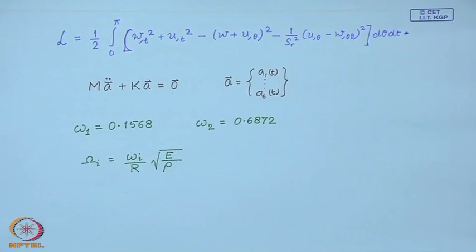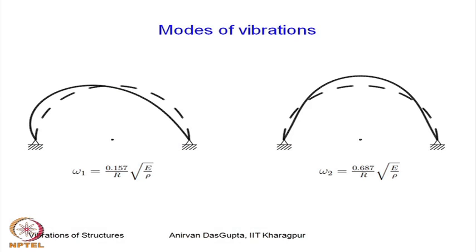Now, this figure shows the first two modes of vibration of the pinned arch. So, you can see that this is the unsymmetric mode and this is the symmetric vibration mode, which is having a higher frequency.